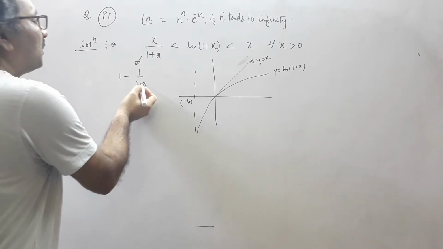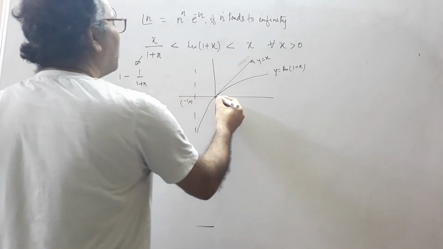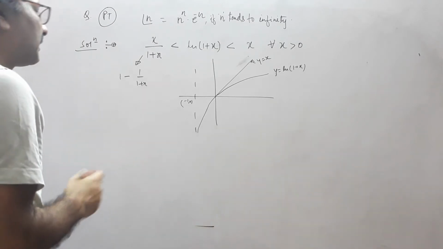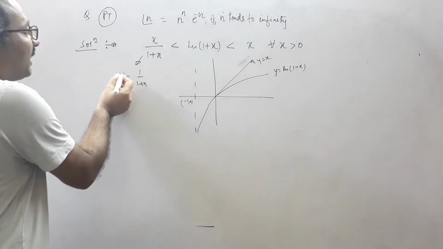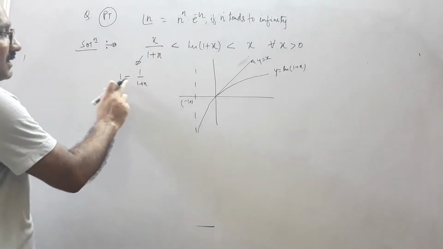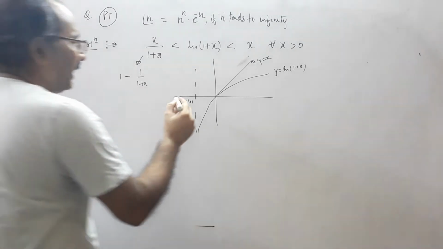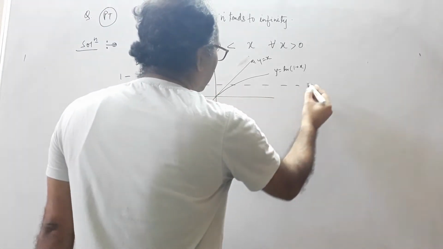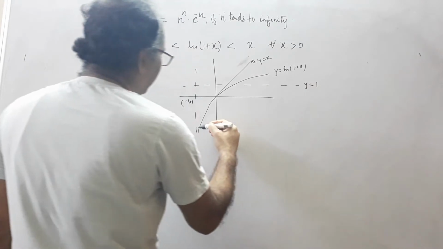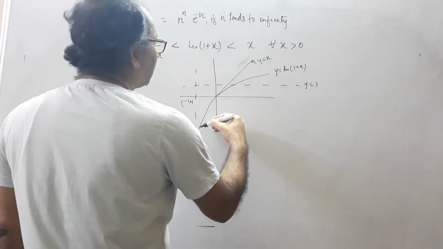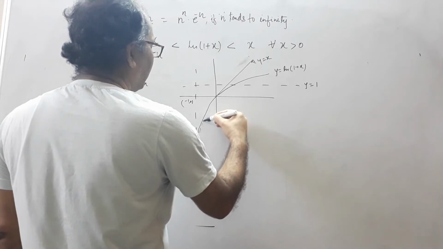At x equal to 0 it will be 0, and for x greater than 0 it will never take the value 1. Only as x tends to infinity will it approach 1. So the graph of this curve will be like this.